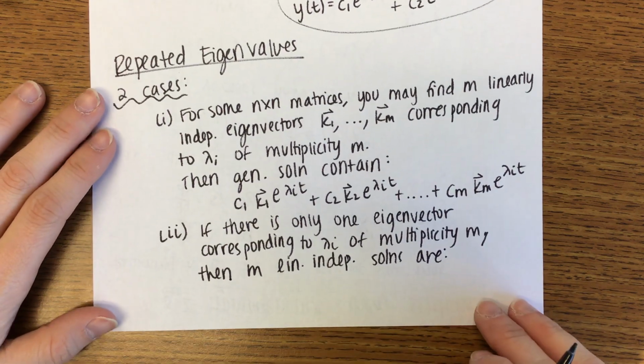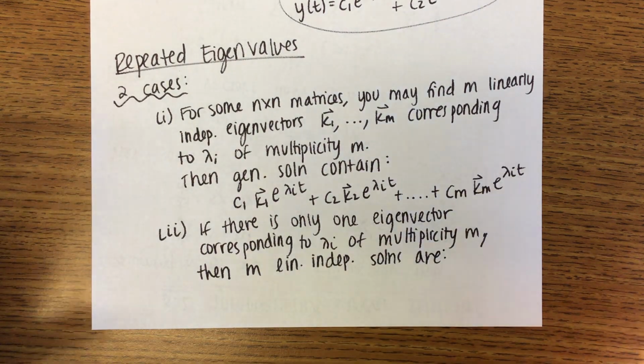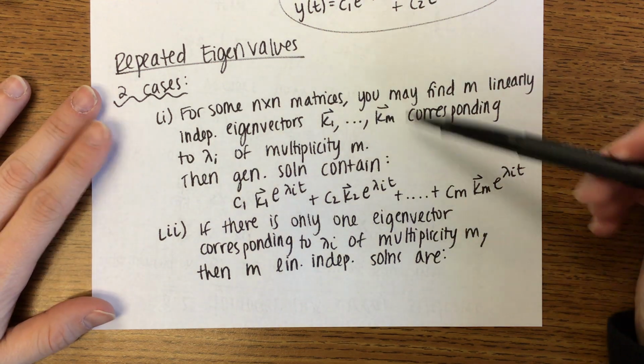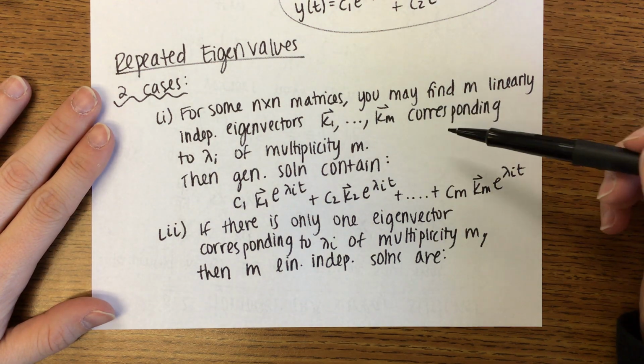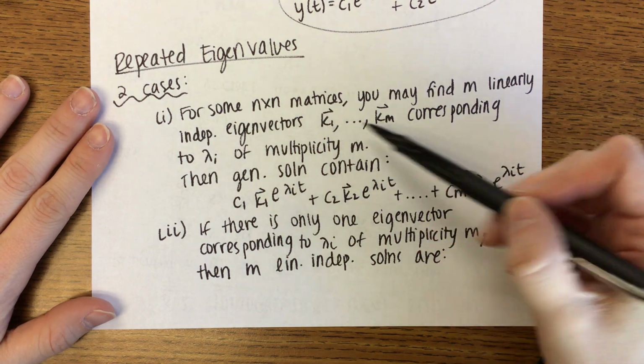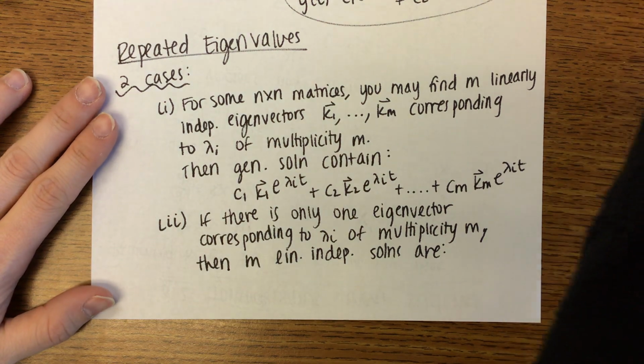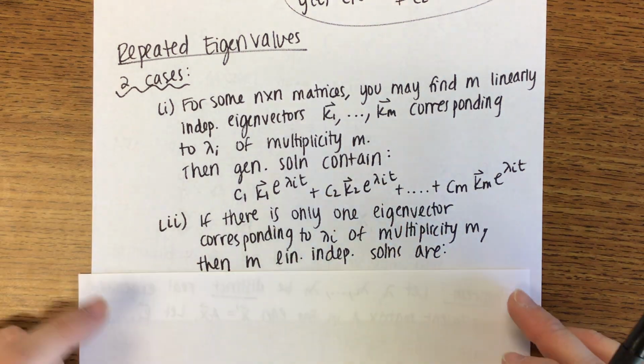If there's multiplicity m, you're going to have m solutions. The eigenvectors will determine what they look like. So here you have m solutions, all different eigenvectors. Here you have one eigenvector. You still need to have m solutions, though. So here's what they're going to look like.